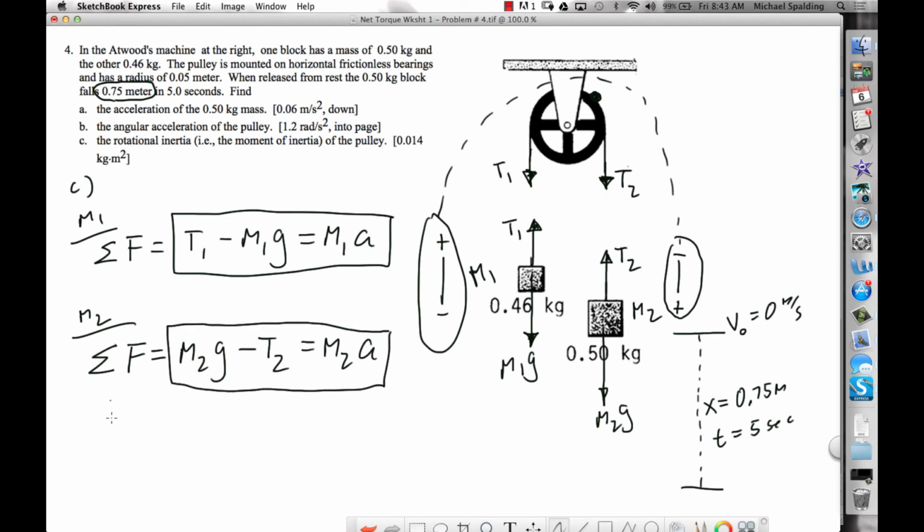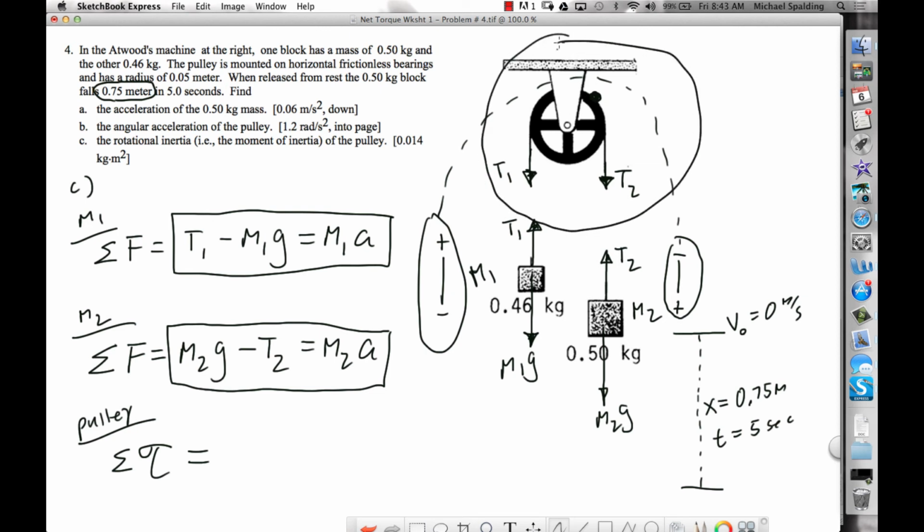And then the last thing we're going to do is focus on the pulley. What can we say for the pulley? We can sum the torques. Looking at the pulley, how many torques are acting on it? Two. So what's going to be the torque from T2?